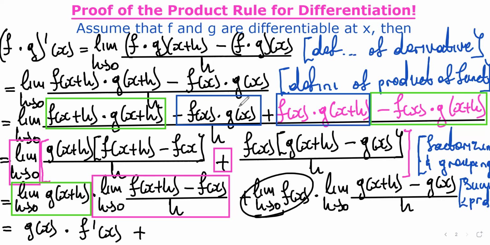And then here, what is happening here? Well, here we can see that we have f of a, and we also have h approaching 0. So h is a variable because h keeps on changing. It's getting smaller and smaller. And f of x is a constant because it doesn't have the variable h in it.